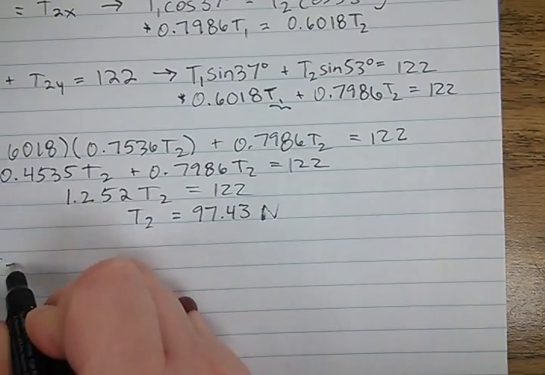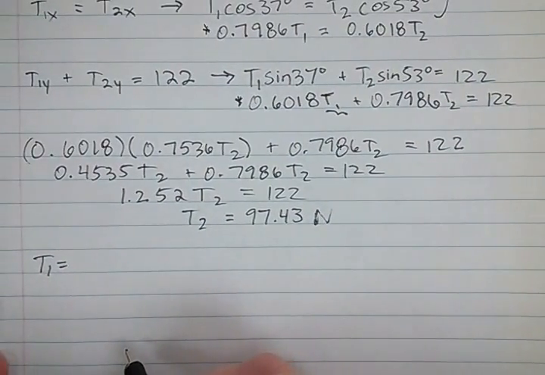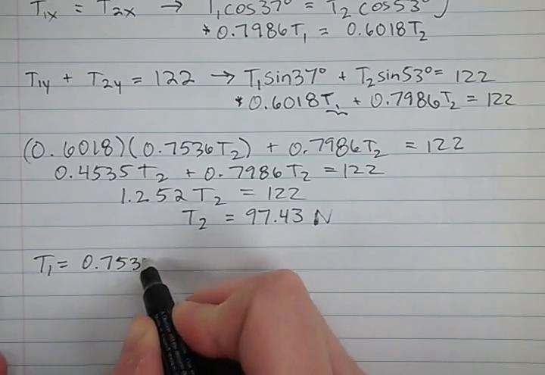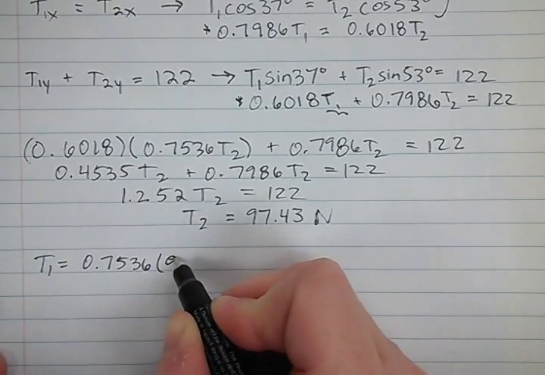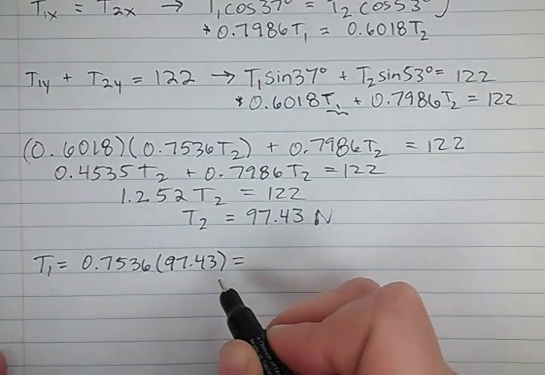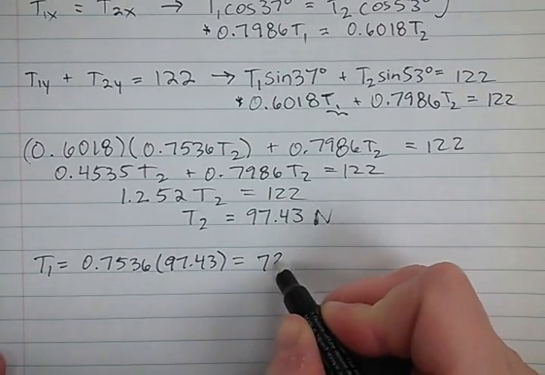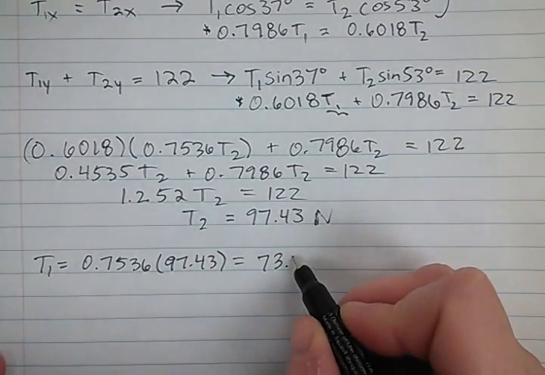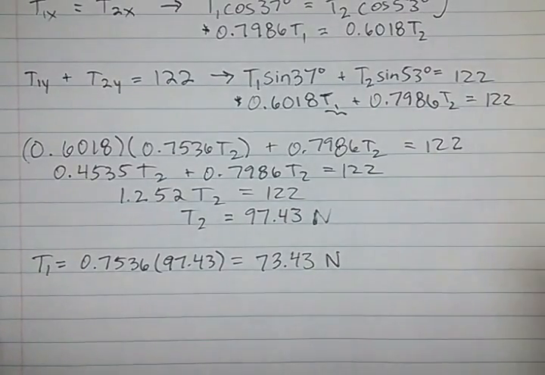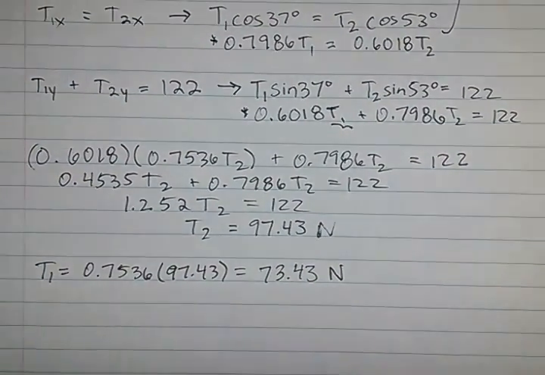So T1 equals 0.7536 times T2, so 97.43, and you get 73.43 newtons. So we found the two tensions in the two cables, and remember the original question asks, will the traffic light remain hanging in this situation, or will one of the cables break?